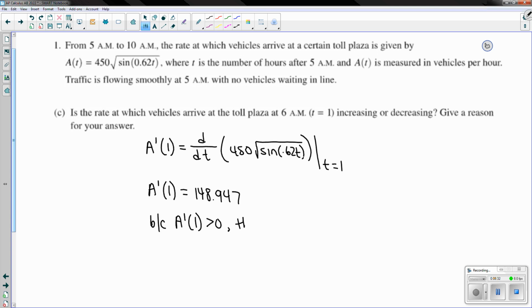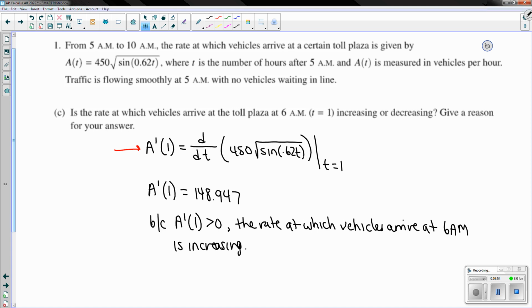The rate at which, this is probably a better answer, vehicles arrive at 6 a.m. is increasing. So once again, we're going to get a point for using the derivative, and then we're going to get a point for our answer with the reasoning.